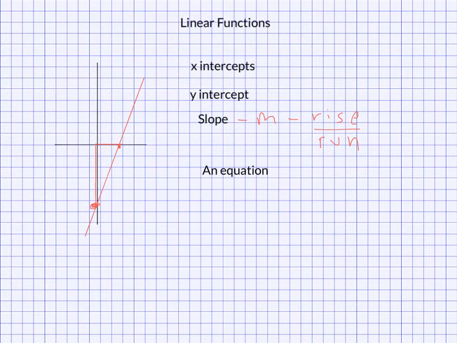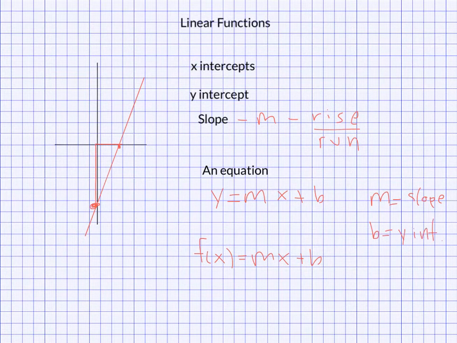So the equation of a linear function will either be y equals mx plus b or f of x equals mx plus b, where, once again, m is going to be the slope and b is going to be the y-intercept.